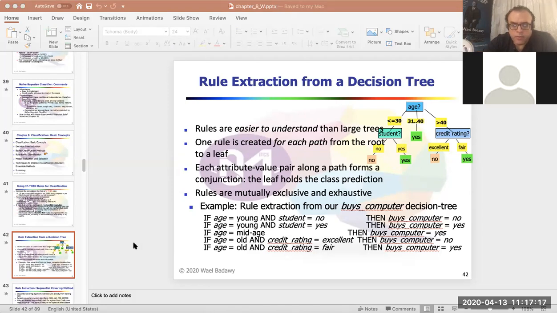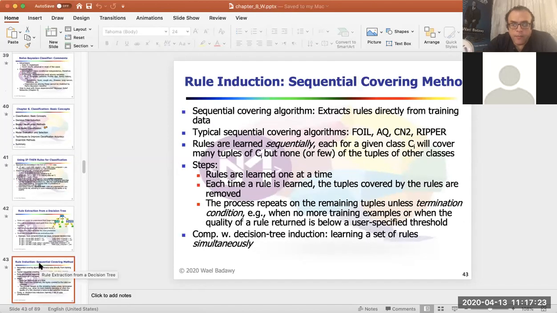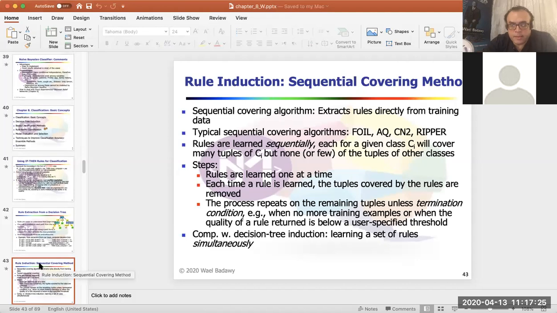The sequential order of the rules may have a problem, because you don't know which rule applies. You always learn one rule at a time. Each time a rule is learned, the tuples covered by the rule are removed, and the process repeats until the terminating conditions are met or you run out of rules.